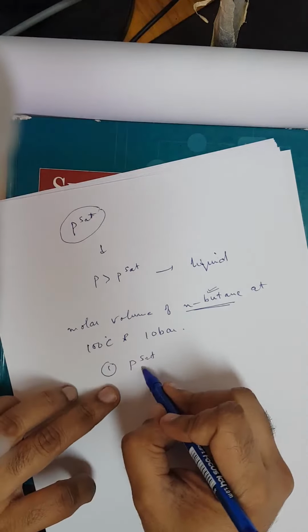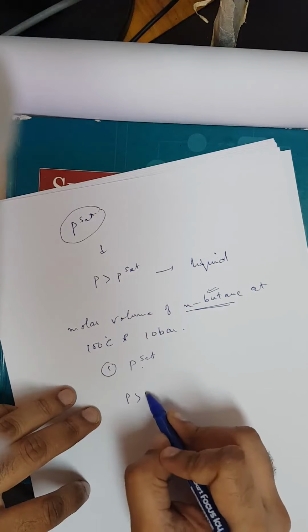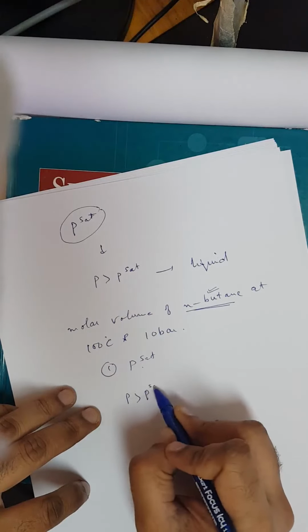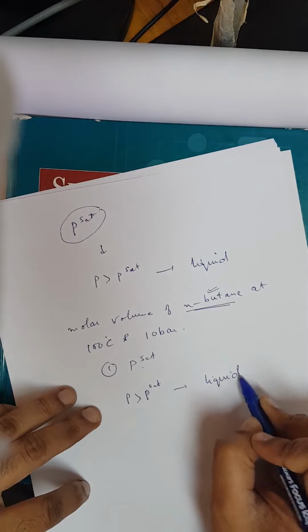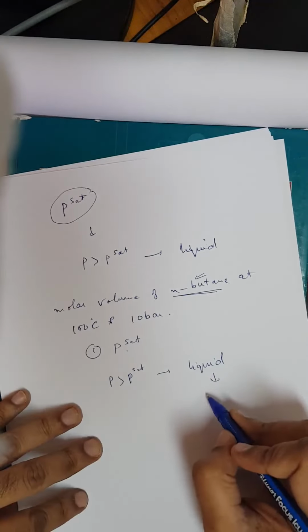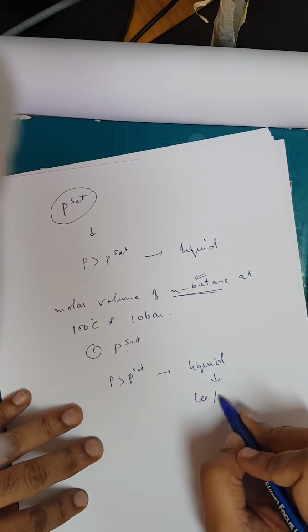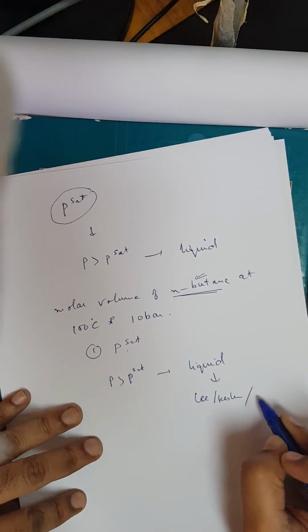If your P is greater than P sat, it means you have to use the liquid route. It means you can use Lee-Kesler or cubic.